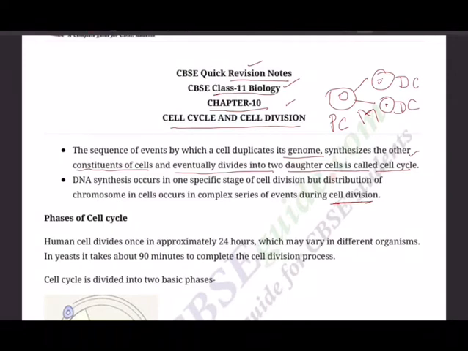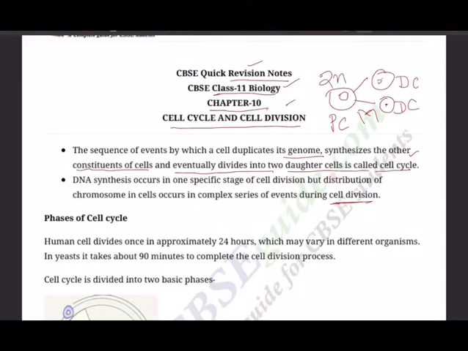On the other hand, if from one parental cell, four daughter cells are formed with a reduced number of chromosomes, then we say meiosis.